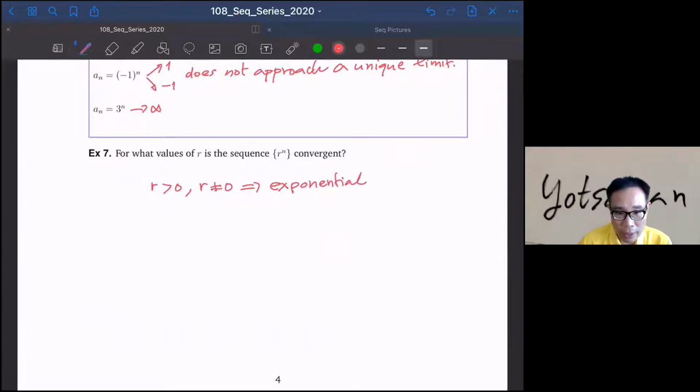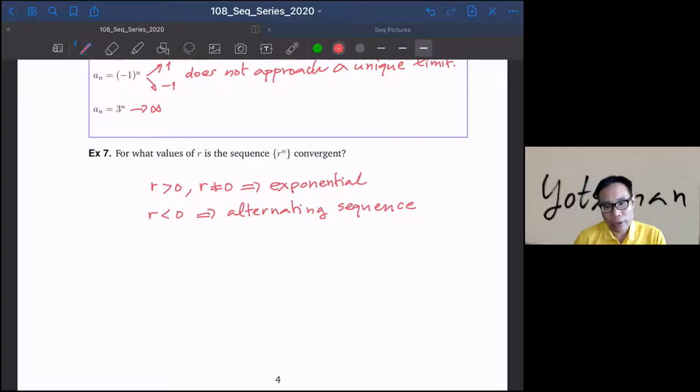And when r is negative, it's going to be an alternating sequence. And the sequence is going to be convergent. Okay, so it's going to be r to the n here.